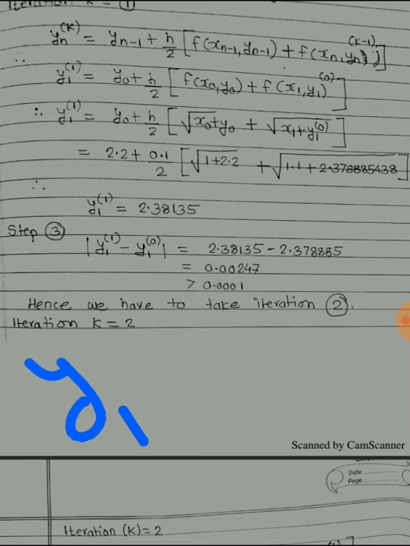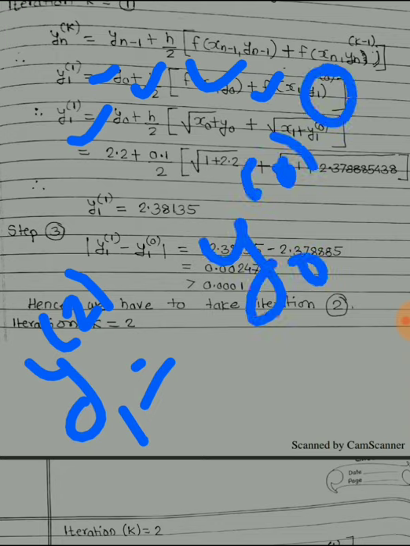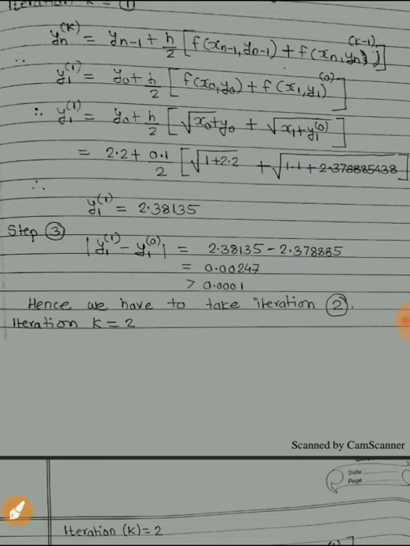The formula becomes y1 raised to power 2 is equals to y0, which remains as it is, h by 2 remains as it is, f of x0 y0 remains as it is, f of x1 also remains as it is. Only instead of y1 raised to power 0, I need to take y1 raised to power 1, and that's the difference in the formula.